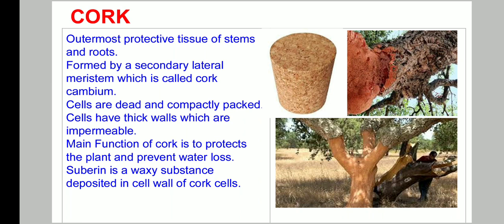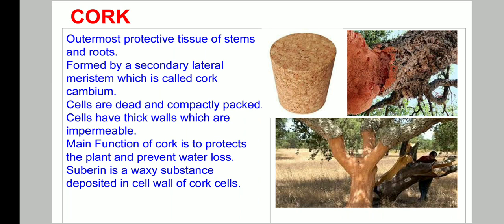So this bark or cork is present in plants to protect them from different calamities, like the attack of heat or cold or insects or any bacteria or other pathogens.